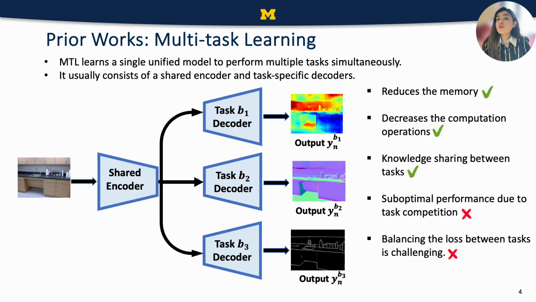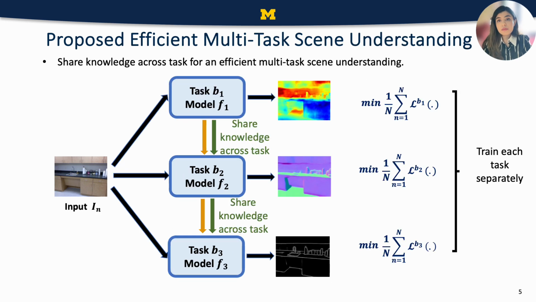Another way is to use multitask learning techniques, which learn a unified model to perform multiple tasks simultaneously. An MTL system can reduce the memory and computation operations. However, it can lead to potentially suboptimal performance for some of the tasks due to task competition.